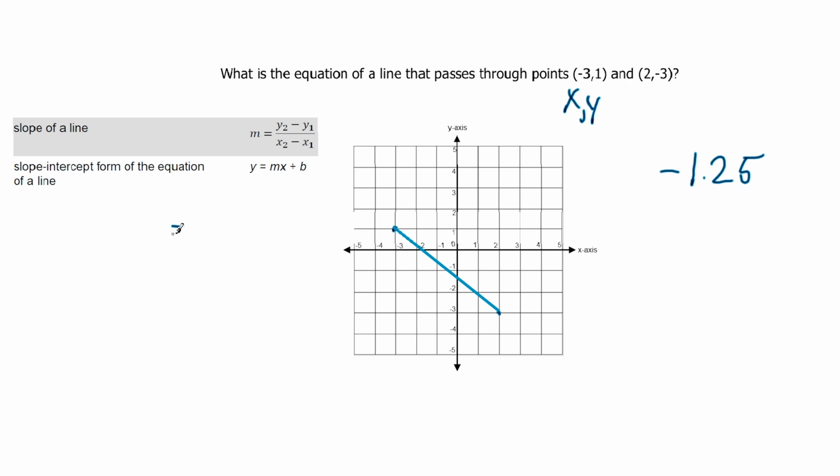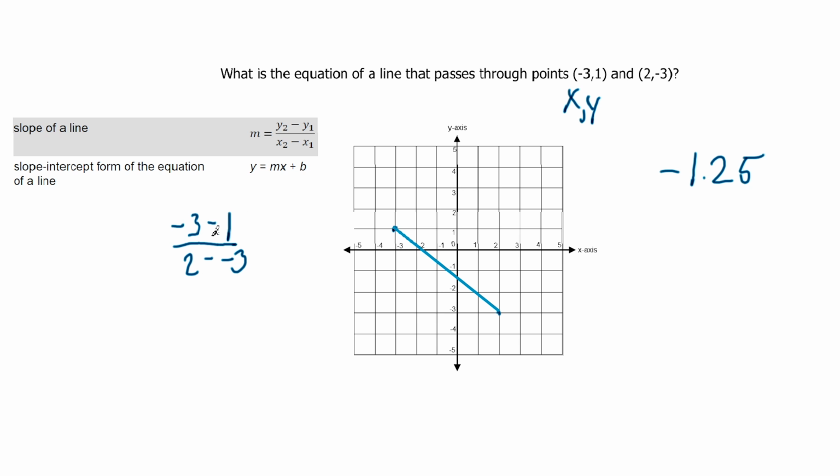So slope m equals -3 minus y1, which is 1, over x2, our second x value, which is 2, minus x1, which is -3.